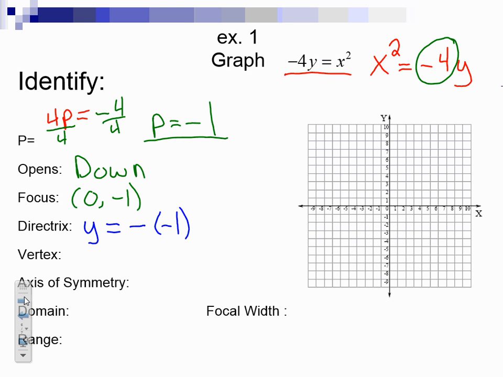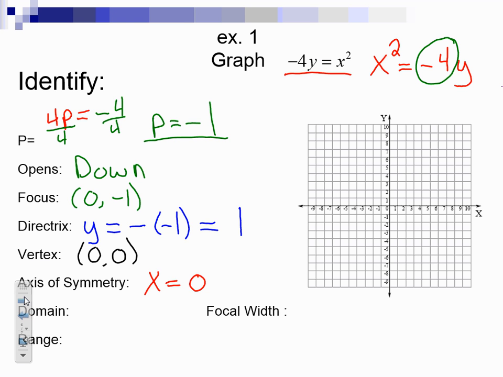So the opposite of -1 is 1. Our vertex, remember, on these ones is always going to be 0, 0. The axis of symmetry is going to be x equals 0.